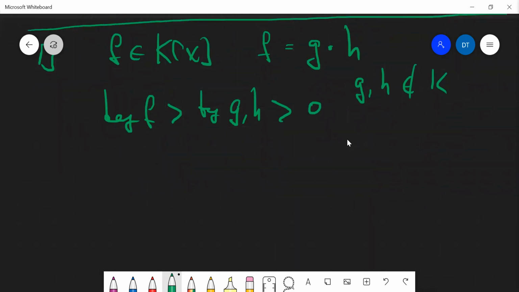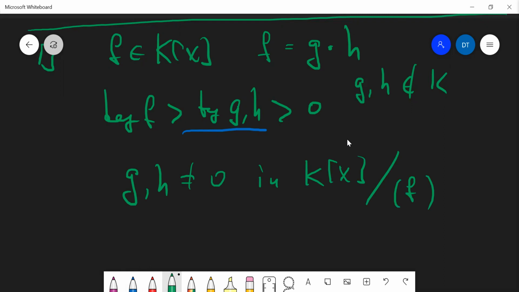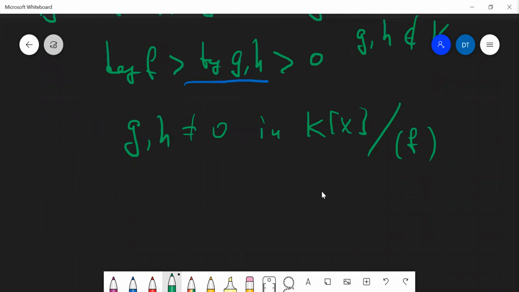Now, this assumption means that the elements g and h are not 0 in the quotient ring, just by definition, because it consists of all polynomials of degree strictly smaller than f. So these are non-zero elements here. But then, by the definition of multiplication, if you multiply g by h, you will get f, and its remainder modulo f is 0.